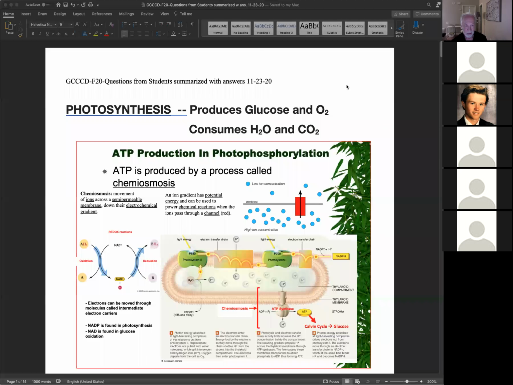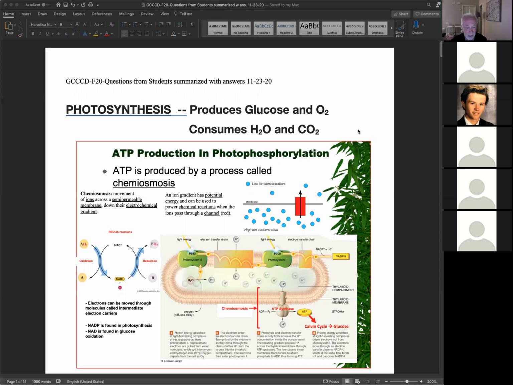And there are two parts to photosynthesis, the light reaction and the dark reaction. So one issue was, what's the difference between photosynthesis and photorespiration? The photorespiration produces ATP. And photorespiration is a part of photosynthesis. It's in the light reaction part.